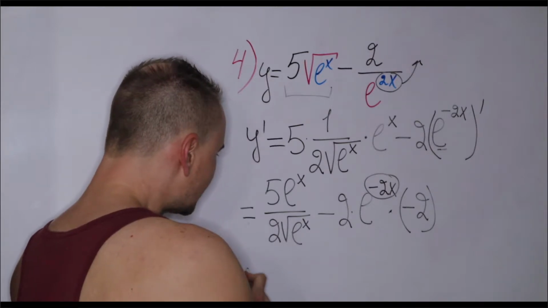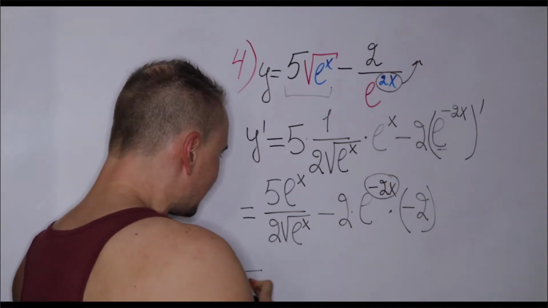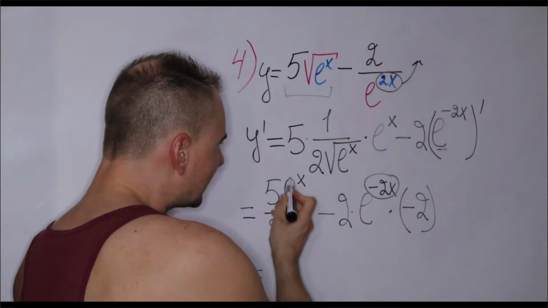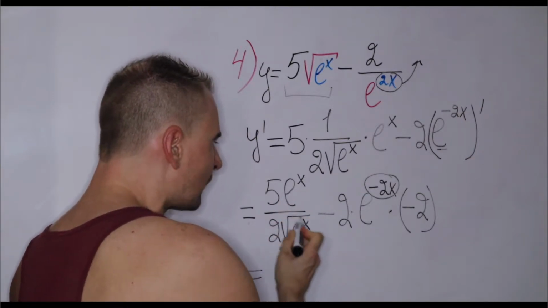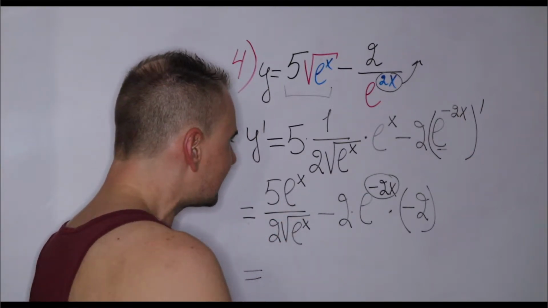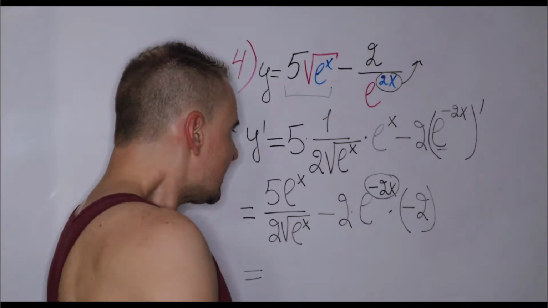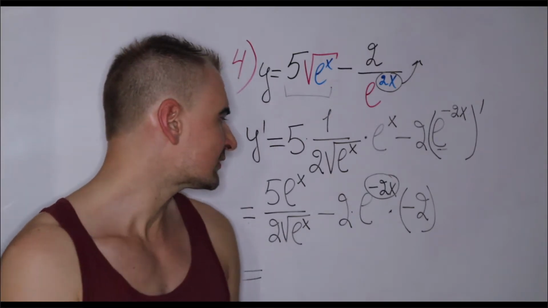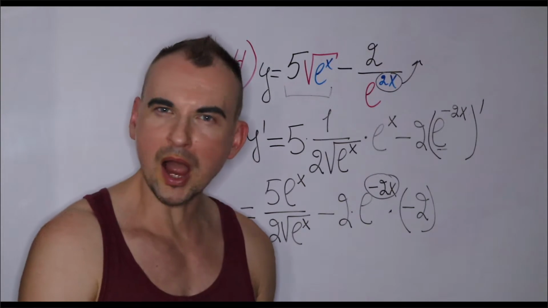And look at the first term. It needs a little bit of simplification since you have e to the x and root of e to the x. It's the same thing as e to the x raised to a half power.